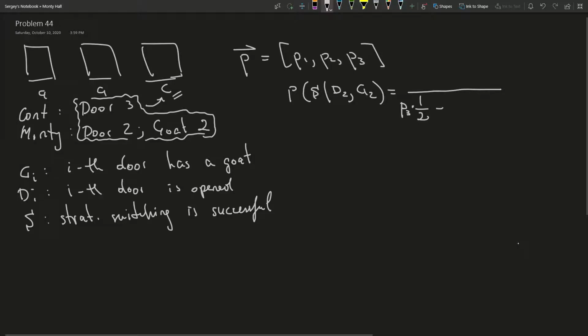So another scenario is the probability that both doors 2 and 3 contain goats, and then Monty opens door 2, given that both doors 2 and 3 contain goats.